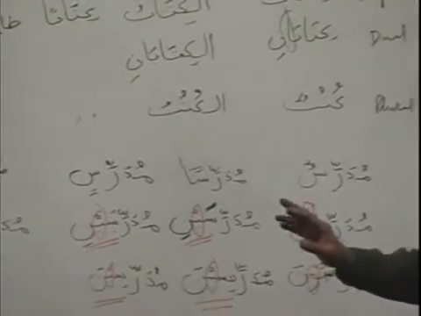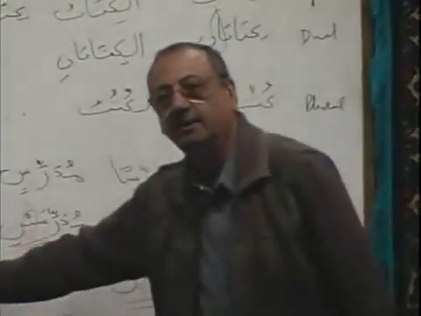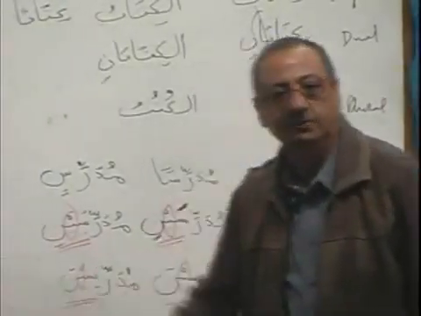Now, I want to do the rest tomorrow because I haven't done the Jama Muannas Salim, as we have only 5 minutes and I want to repeat this. In the book, the duals are coming in lesson number 18, but only in the marfu form, so it will all be ani, ani, ani.